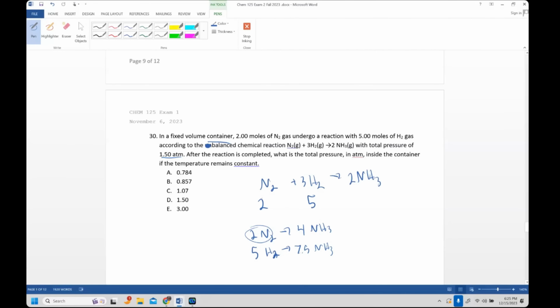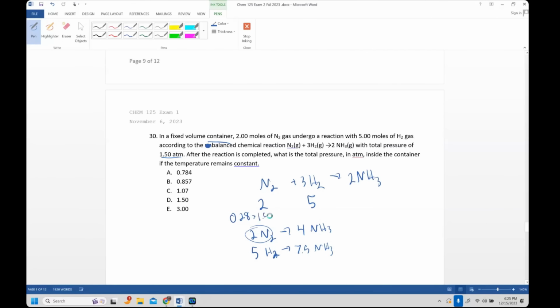So based on the mole fraction, we can figure out the partial pressure of each of the reactants. So for N2, 2 divided by 7. Keep in mind, we have 2 moles of N2. The total number of moles with all the reactants is 2 plus 5, which is 7. So 2 divided by 7 is 0.28.